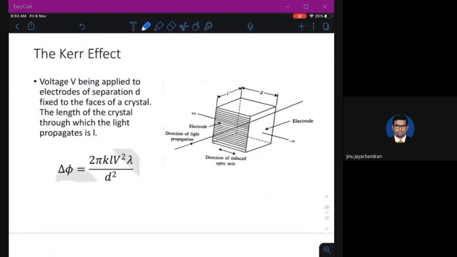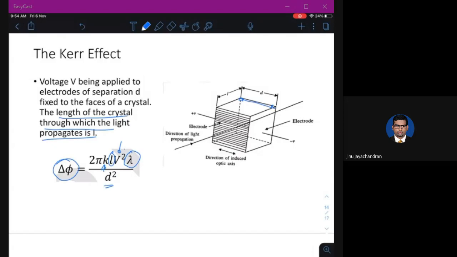And the good thing about this is we know what the phase difference is. We can express the phase difference in terms of the propagation constant K, the length of the crystal through which the light propagates, which is L, the applied voltage, which is V, the wavelength of the light, which is lambda, and D is the width of the crystal.